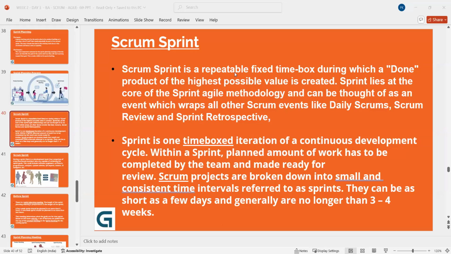Generally, a sprint is never extended. It is always a time box. So if something is not completed, it will be taken into the next sprint. The earlier sprint will end as per its schedule.